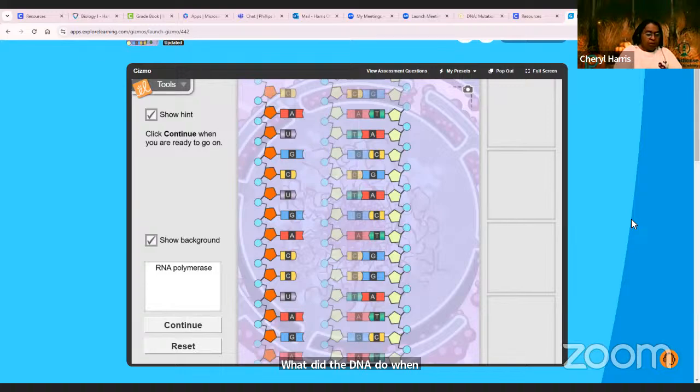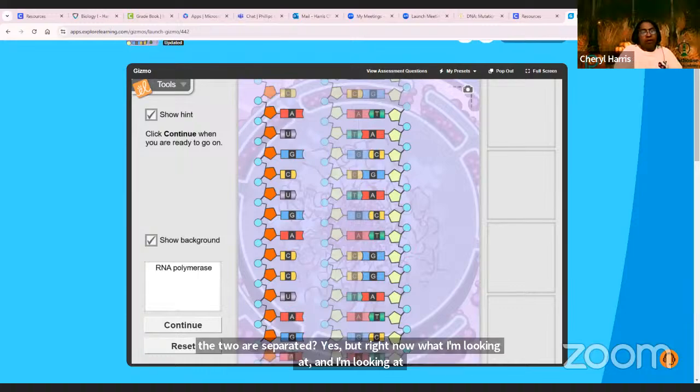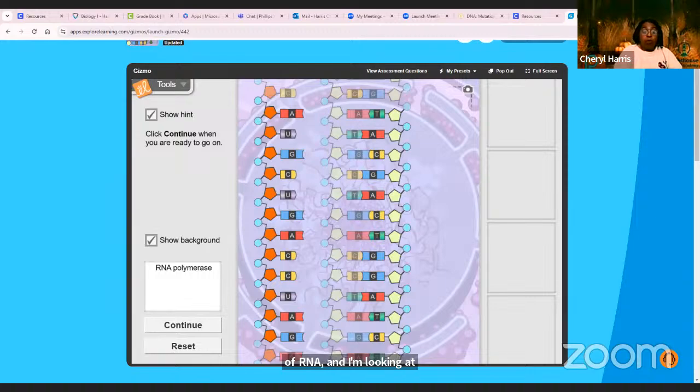All right, the two are separated, yes, but right now I'm looking at a single strand of RNA, and I'm looking at double-stranded DNA. I wish I could reset this without having to build it all over again. But what happened to this DNA as soon as that RNA was finished? Remember, we had a start and a stop. As soon as it stopped making the RNA, what did the DNA do?